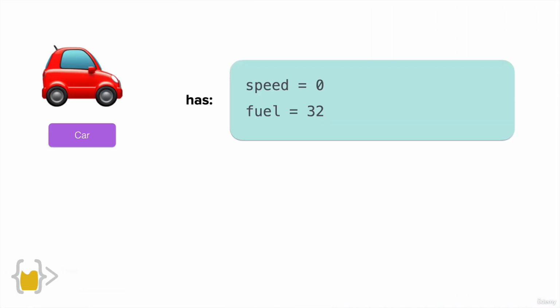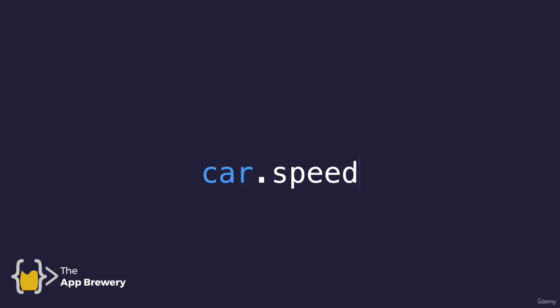Now, as we saw before with our car object, it has certain attributes, right? Like speed and fuel, data that it could keep track of that are really important to the modeling of an actual car object. Now, when it comes to accessing these attributes, the syntax or the code looks like this.